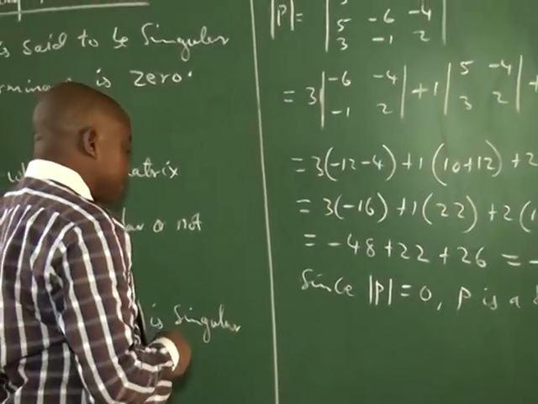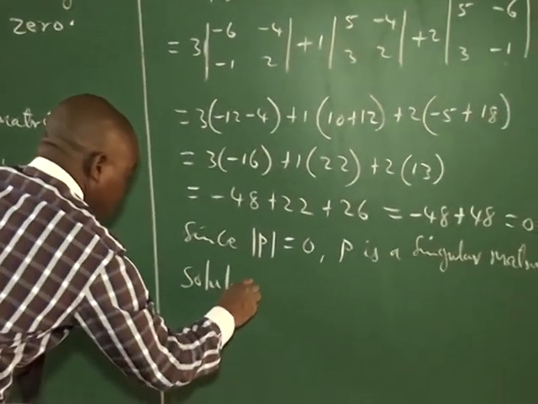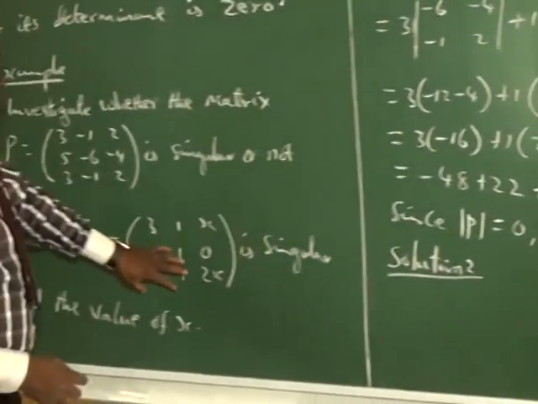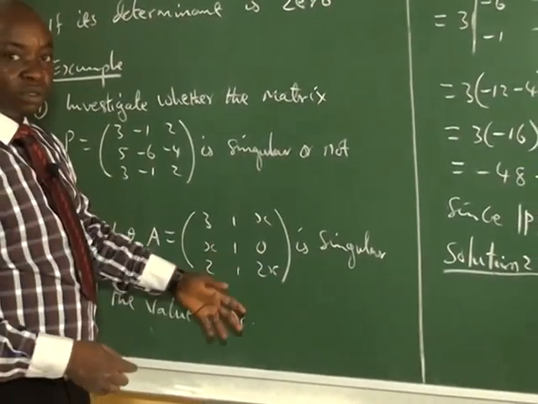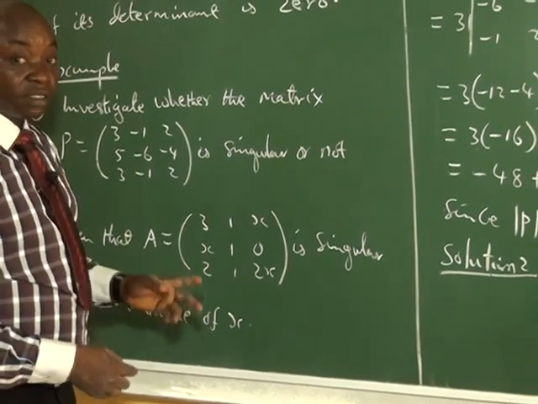Now let us look at the solution of 2. We are told that A is singular. So if A is singular, it means its determinant is 0.